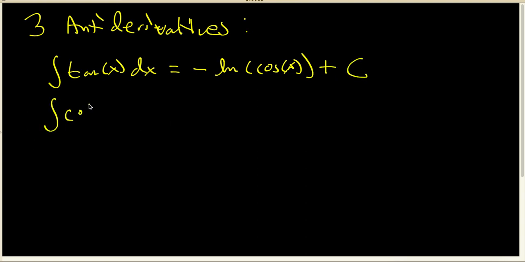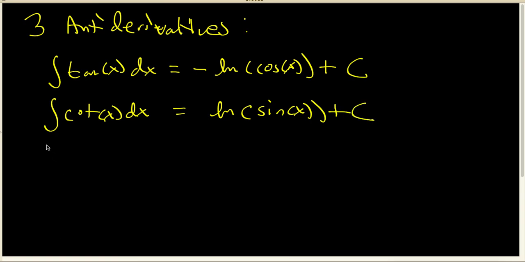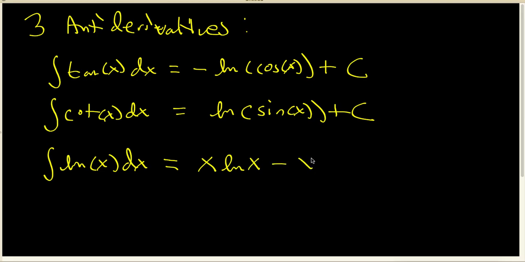The antiderivative of the cotangent of x can be written as the log of the sine of x plus any constant that you want to add. And the antiderivative of the log of x can be written as x times ln x minus x plus any constant that you want to add. So make sure you have these 3 antiderivatives added to your list of antiderivative facts.